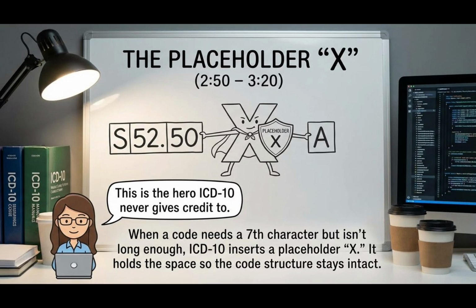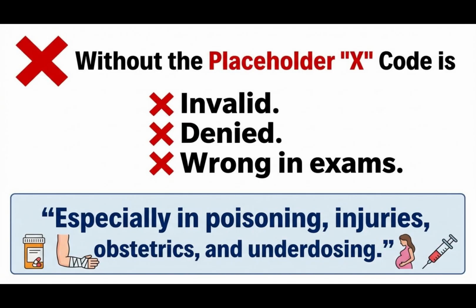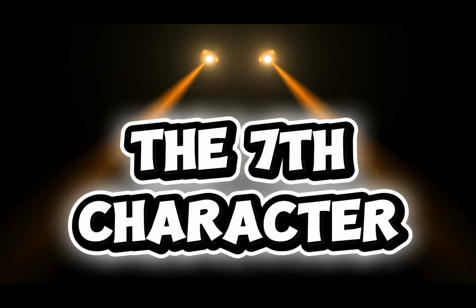The placeholder X. This is the hero of ICD-10 that's never given credit. When a code needs a 7th character but isn't long enough, ICD-10 inserts a placeholder X. It holds the space so the code structure stays intact. Without the X, the code is invalid, denied, wrong in exams, especially in poisonings, injuries, obstetrics, and underdosing. The 7th character.